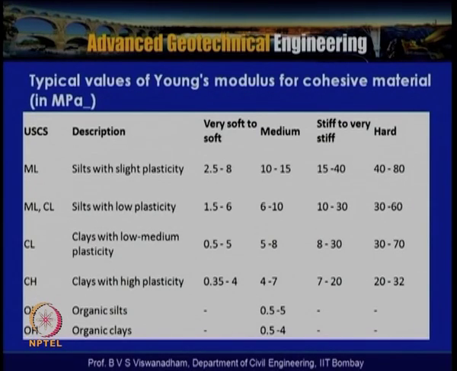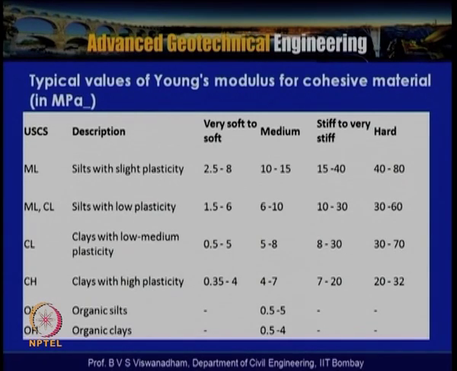And CL, that is clay with low to medium plasticity, in a very soft state the E value can be as low as 0.5 megapascals, and in hard state the CL type of soil can have 30 to 70 megapascals.